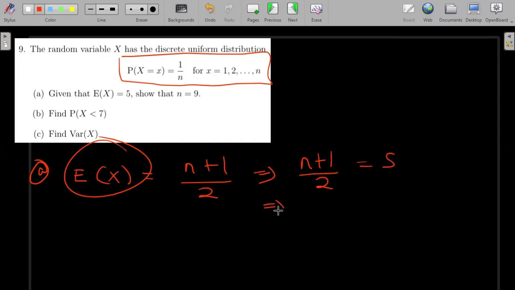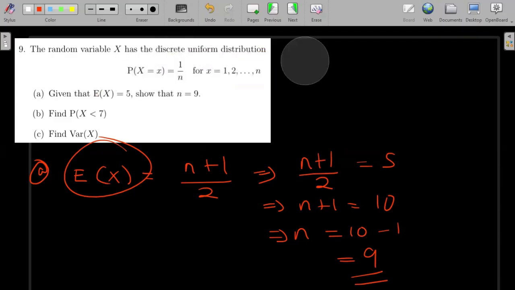This ends up being n plus 1 equals 10, and from there n equals 10 minus 1, so n equals 9. We've shown that n is equal to 9. So this probability mass function now is p of x equals 1 over 9. That's what we have.